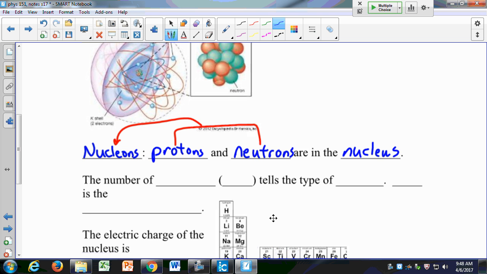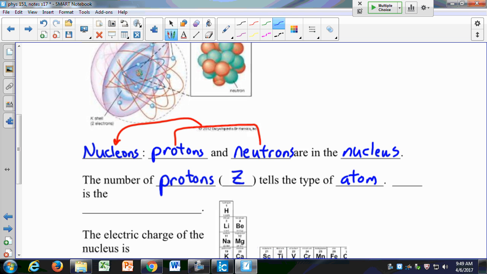And so you'll need to get a feel for sort of what the numbers mean, because we have different numbers that represent the different numbers of protons and neutrons. The number of protons, we're going to use the letter Z for that. I usually put a little thing in my Z like that. I'm not sure if y'all do that, but that's my Z. They tell the type of atom it is.